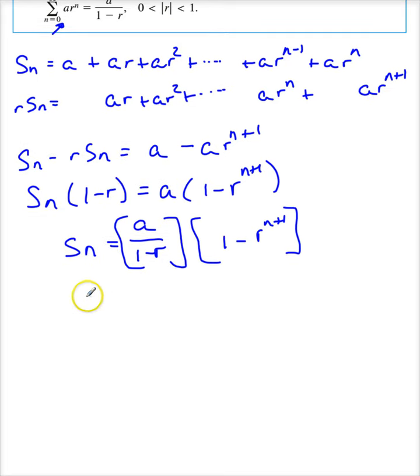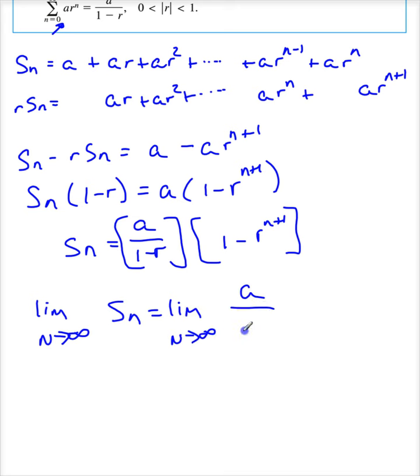Now, if I look at the limit as n approaches infinity of Sn, it's going to be the limit as n approaches infinity of a divided by 1 minus r times 1 minus r to the n plus 1.